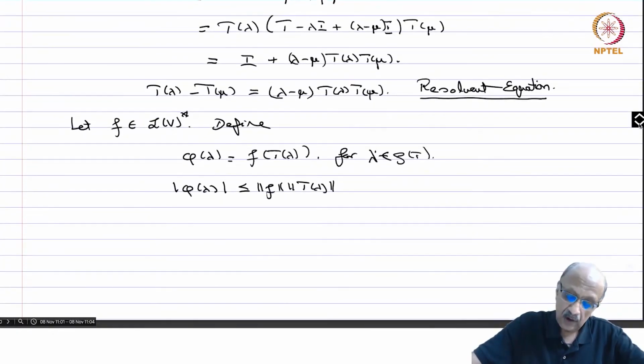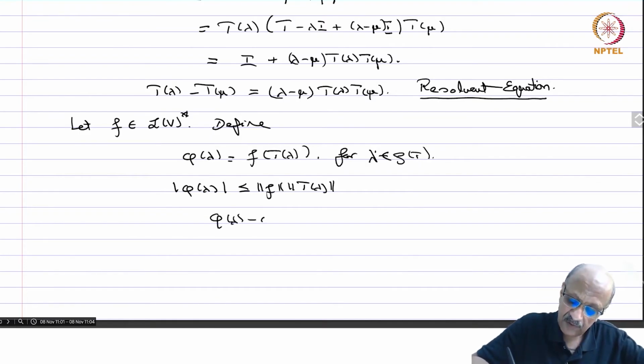So therefore you have that this is bounded and it goes to 0 as mod lambda tends to infinity. Further, if you take (phi lambda minus phi mu) by (lambda minus mu) and let the limit as lambda tends to mu, what do you get?